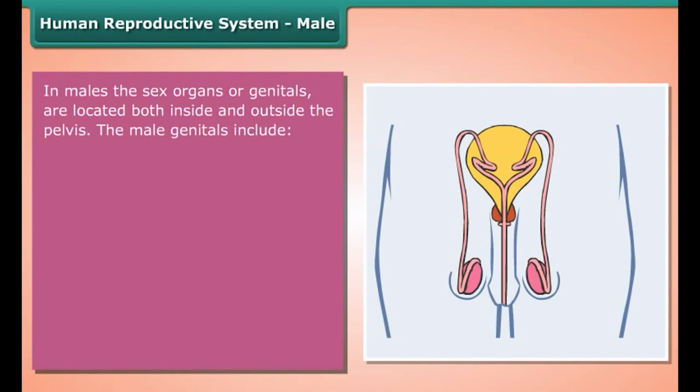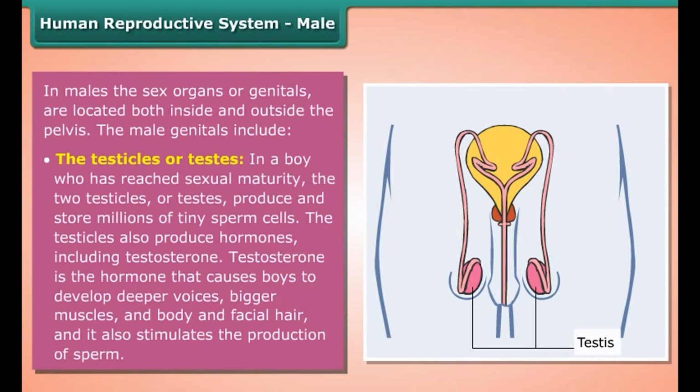Male. In males, the sex organs or genitals are located both inside and outside the pelvis. The male genitals include the testicles or testes. In a boy who has reached sexual maturity, the two testicles or testes produce and store millions of tiny sperm cells.